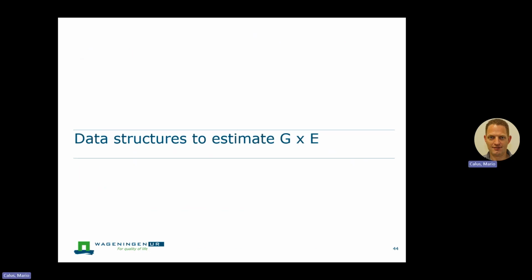Okay, then let's talk a little bit about data structures to estimate G by E, and that's going to answer one of the questions that was posed earlier: how can we estimate G by E in animals if we're not able to put the exact same genotype in different environments?